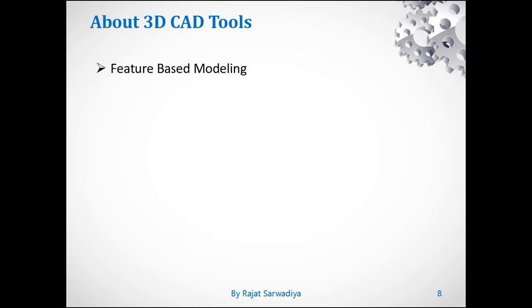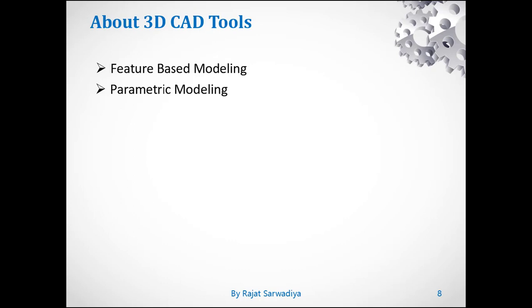All of the CAD tools actually follow the feature based modeling technique. Next comes parametric modeling. As we had discussed, we have to modify some of the parameters to update the product or update the model. We have to modify some of the parameters to go for the revision.